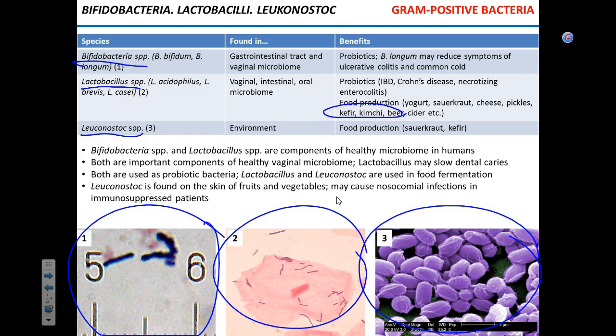Now, multiple studies demonstrated that consumption of fermented foods, all the ones that we mentioned before, actually has a positive effect on a variety of human ailments, from ulcerative colitis to common cold, Crohn's disease. Okay. So now, more and more, food that contains probiotic bacteria is included in a therapeutic regimen for people, especially with inflammatory bowel syndrome.